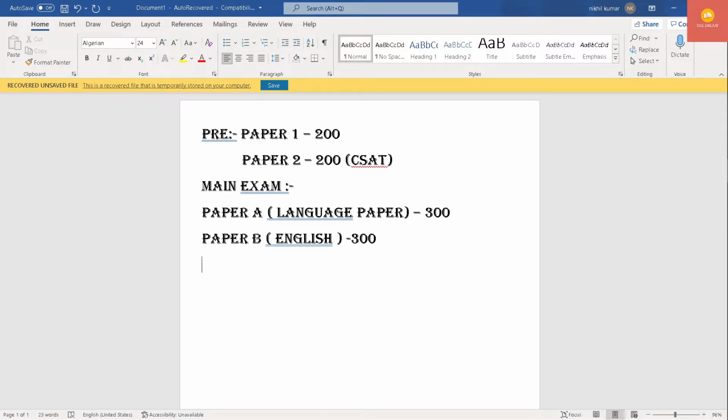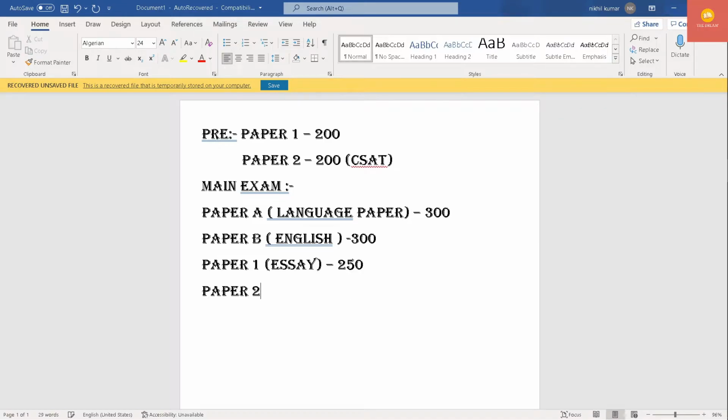Now we proceed further. In main exam, we have paper 1, that is the paper of essay. This paper consists of 250 marks.